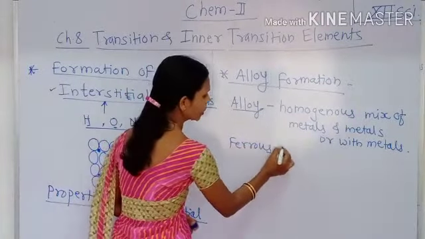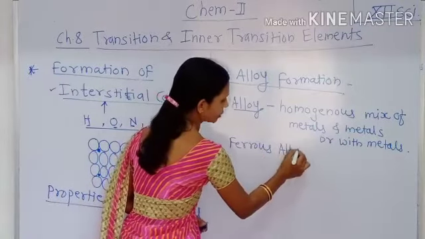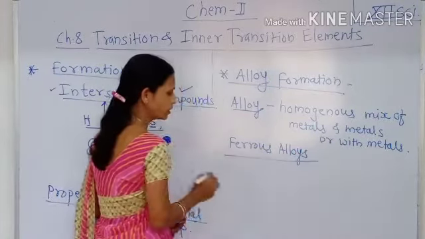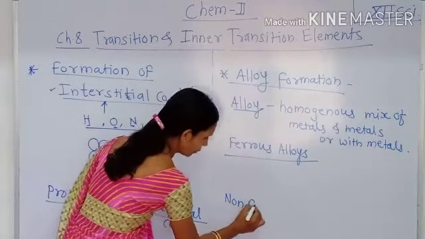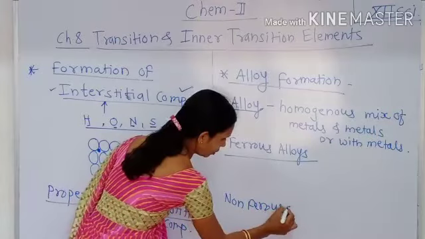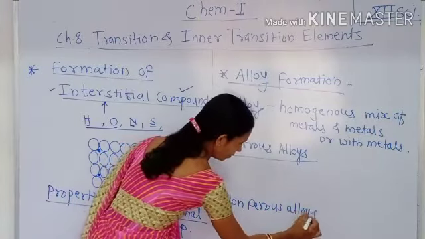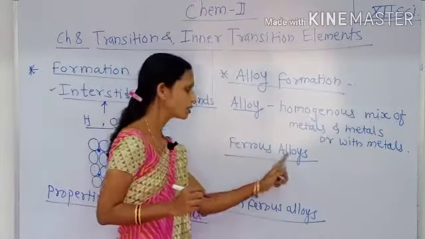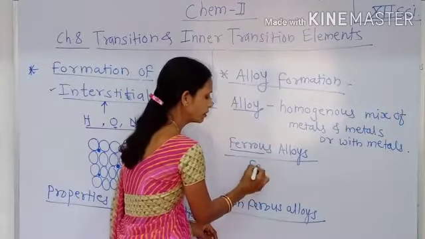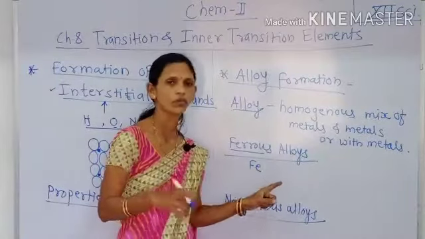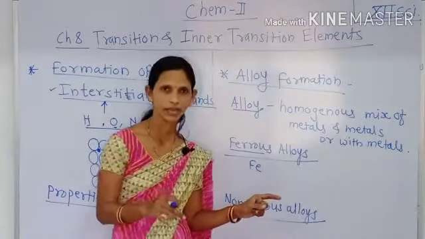There are two types of alloys of transition metals we have to discuss here, that is ferrous alloys and non-ferrous alloys. See here, ferrous alloys. The name itself indicates ferrous means iron. It is an alloy of iron.